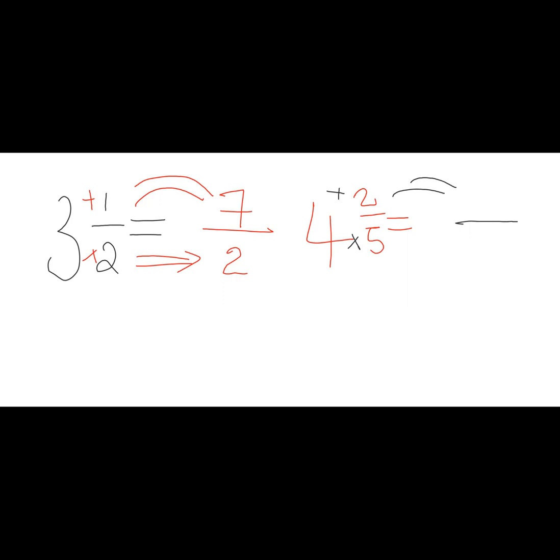So 5 fours, 20. 20 plus 2, what is 20 plus 2? 22. So we have 22, and we keep our 5. So that's 22 over 5. Follow? Yes, sir.